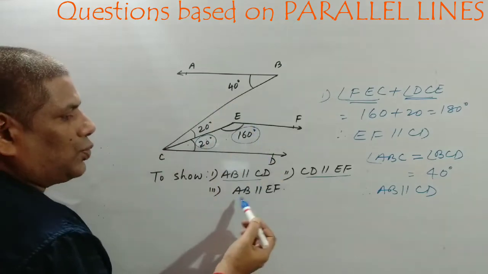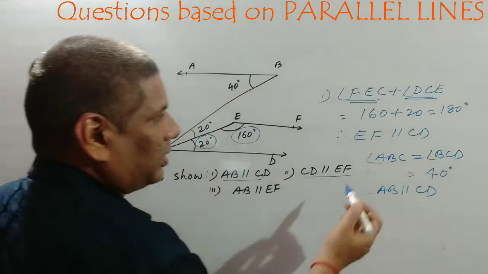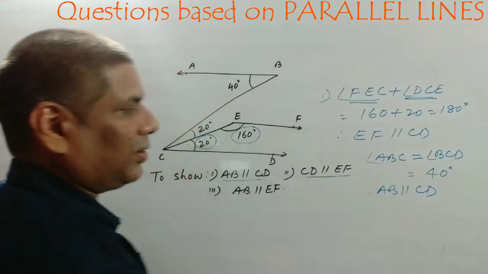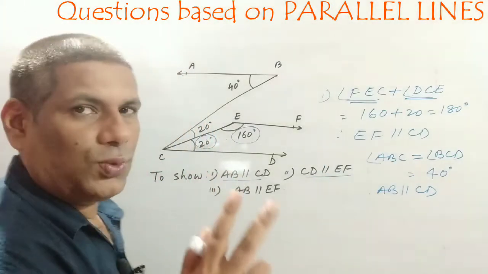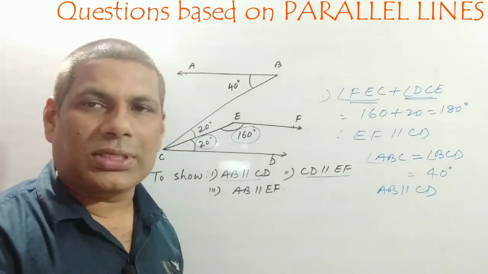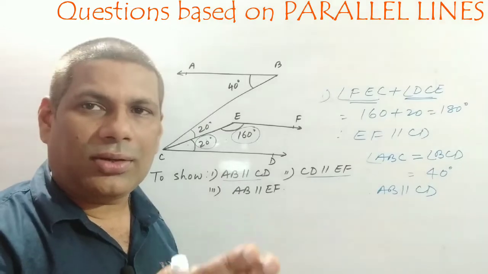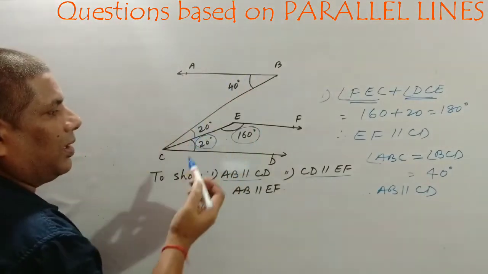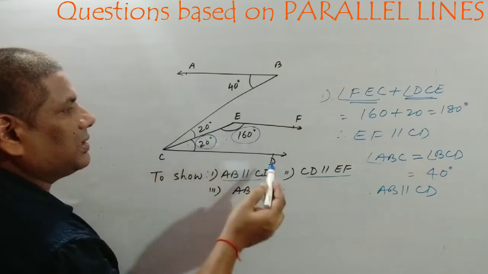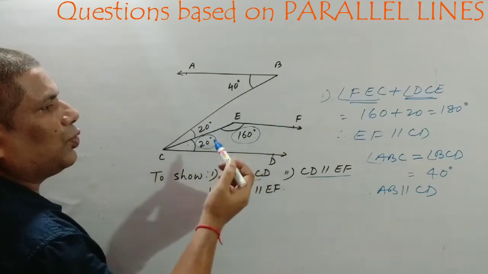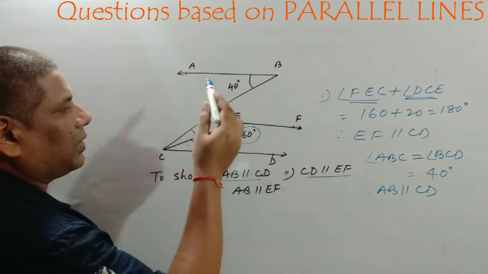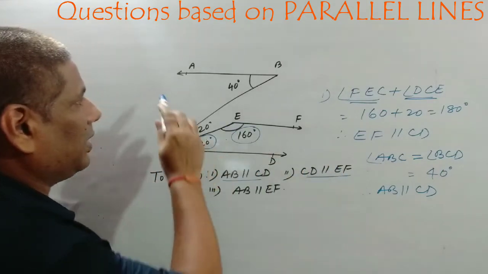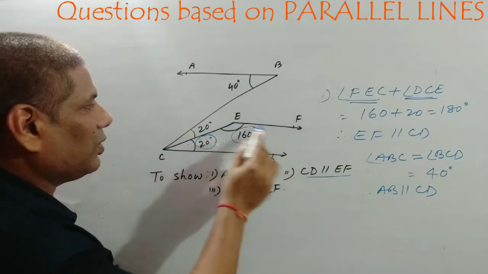Now we have to show AB parallel to EF. Since CD is parallel to EF and CD is also parallel to AB, if two lines are parallel to the same line, then all three lines will be parallel. So AB parallel to CD and CD parallel to EF.